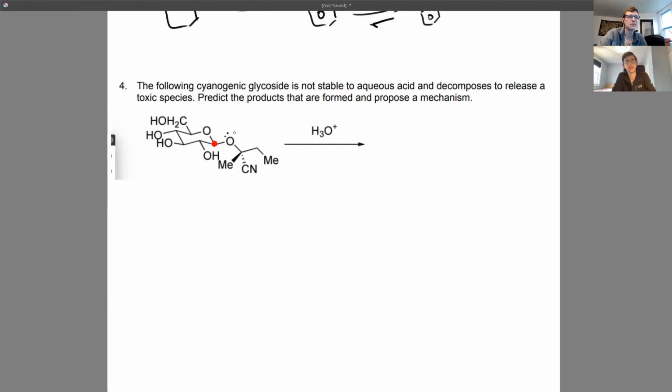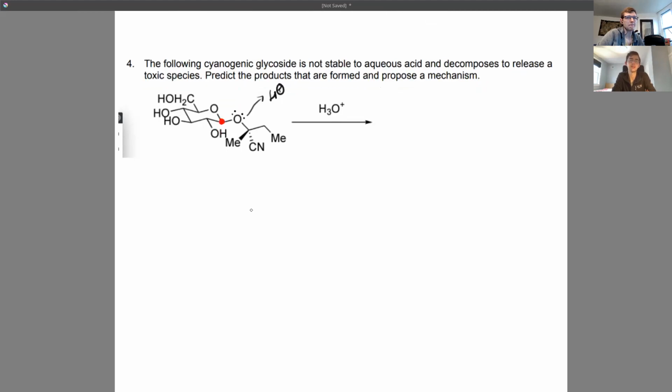It's going to break there. So I don't think it's going to form a carboxylic acid, but it's definitely going to break here. So let's just go with that. Oh, it's going to form the diol. Or it'll form the ketone or the aldehyde. Right. But we don't need to worry about that. Let's just go with it.